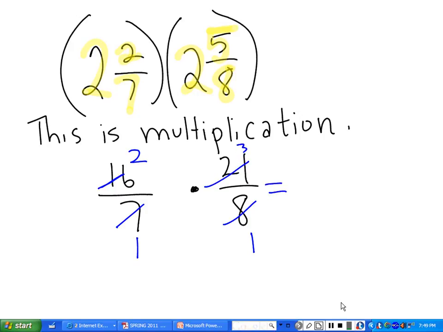Therefore, we have 2 times 3, 6 over 1. Can this be reduced? Yes. Do not keep it at 6 over 1, because 6 divided by 1 is 6. So never leave it as 6 divided by 1. The answer is 6.